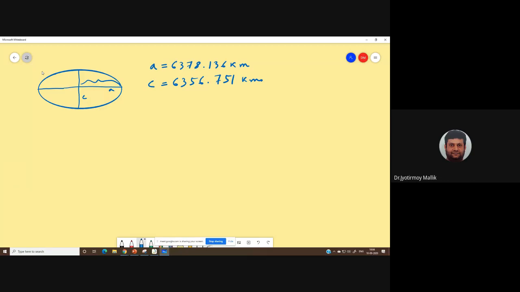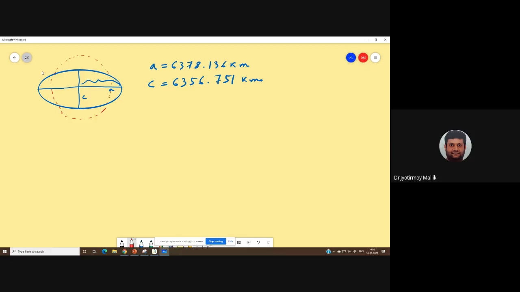Now, we said that we need to essentially draw an equivalent circle, right? You remember? Or an equivalent sphere. Okay.